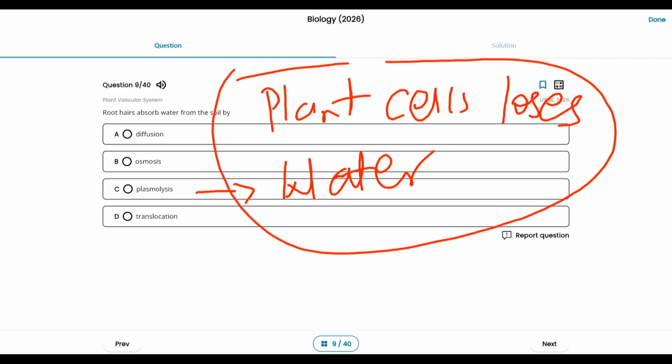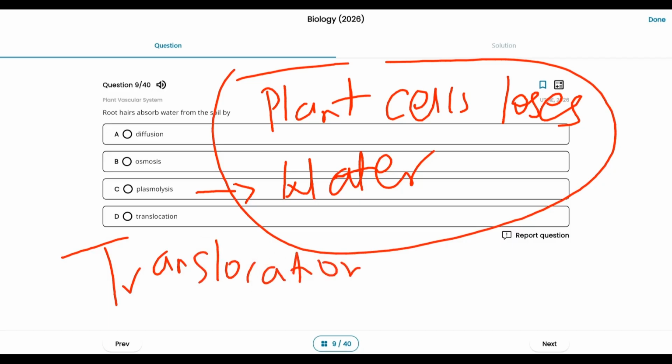How about translocation? Now, translocation is actually the movement of manufactured food. Translocation is what?